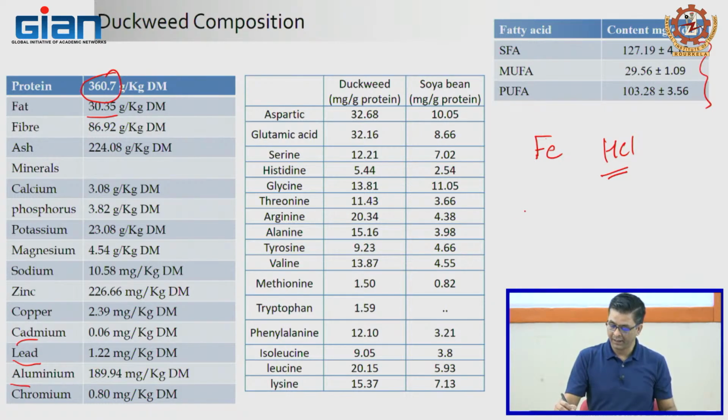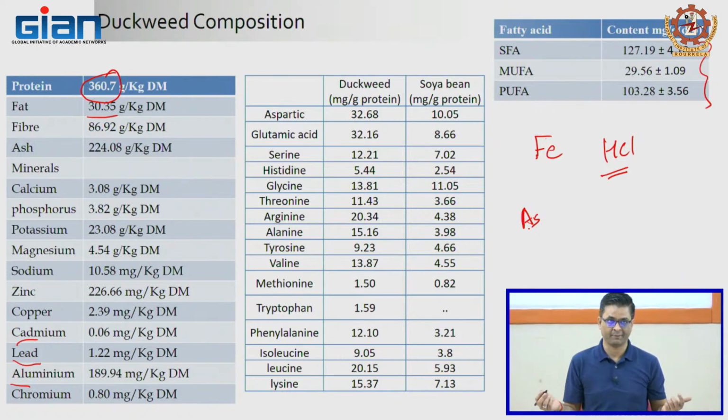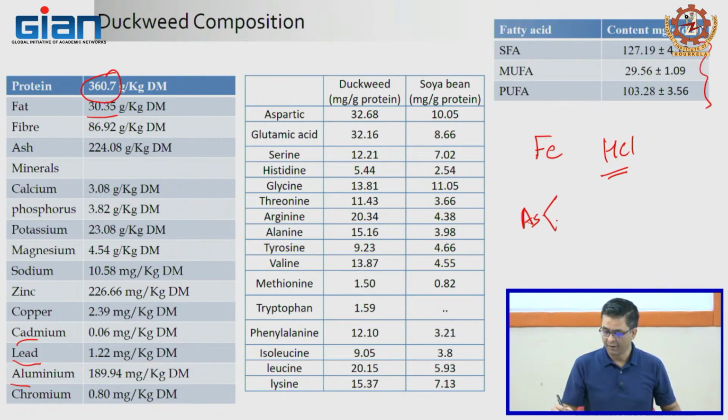Second, when you see arsenic, how many of you know arsenic is dangerous? We know arsenic is dangerous, a heavy metal. But the problem is naturally occurring arsenic versus the chemical form of arsenic. We do not have a method to segregate that. So, the naturally occurring one is still okay compared to chemically processed. These are some of the differences we have to understand.